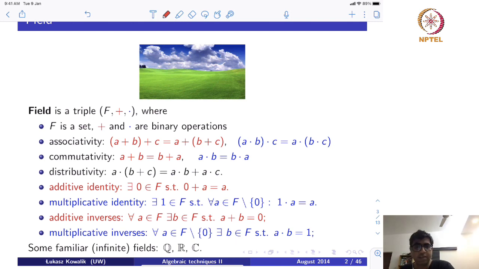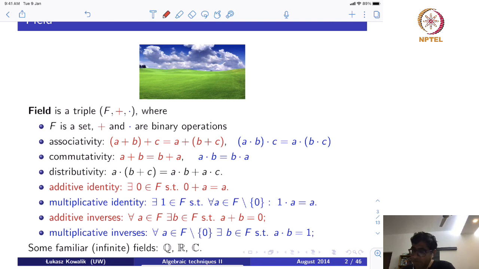For example, if you take rational numbers, real numbers or complex numbers, then they form a field. But integers do not form a field, because if I give you the number 2, there is no number b in integers such that multiplying by it gives you 1.